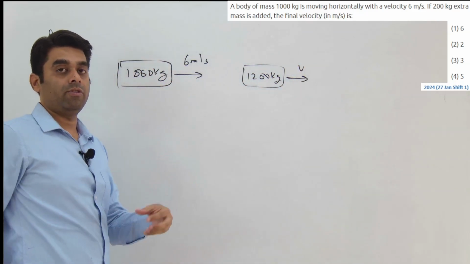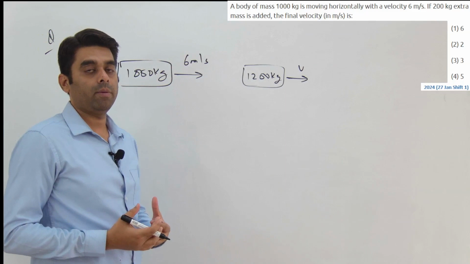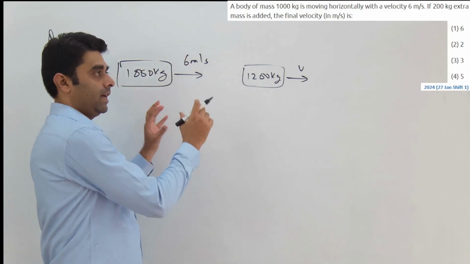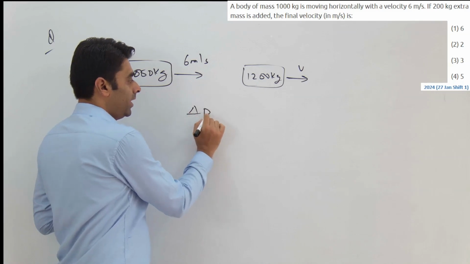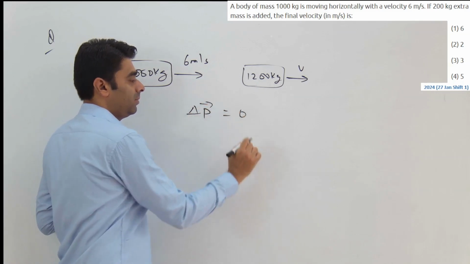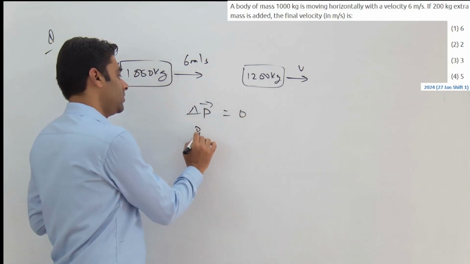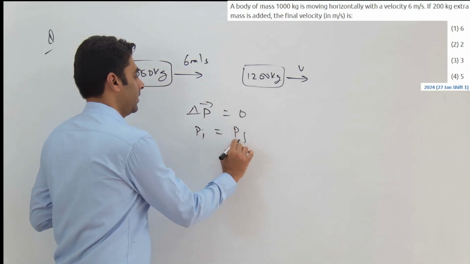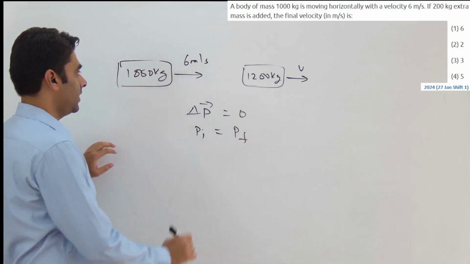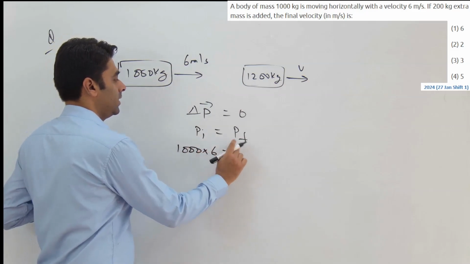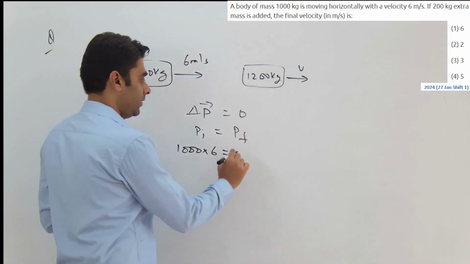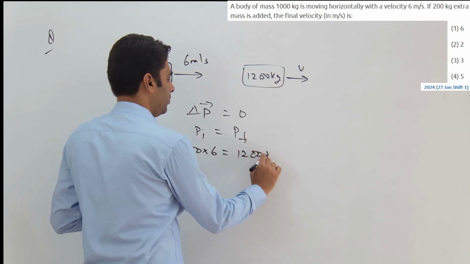Basically, this is a question of linear momentum conservation. No F external is acting, the mass has been dropped, so F external is 0, so momentum will be conserved. Delta P will be equal to 0. P initial is equal to P final. What is our initial momentum? 1000 into 6 is equal to P final, that is 1200 into the velocity.